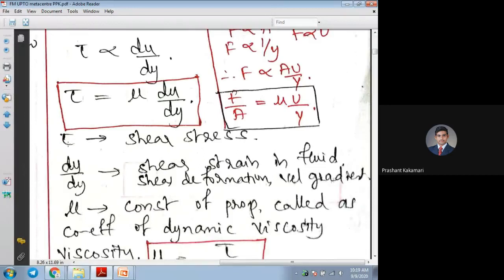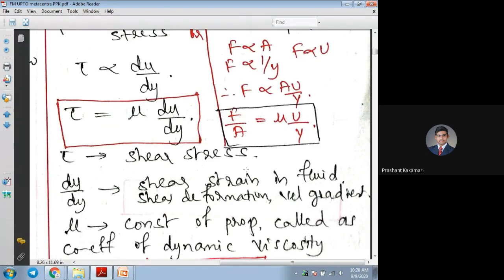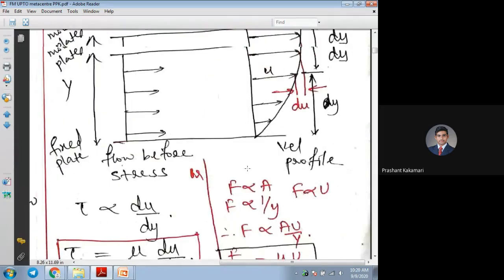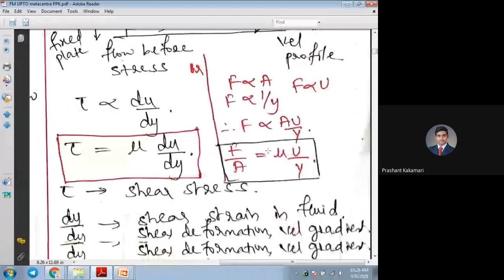The shear stress is denoted by tau. Then du by dy is what we call the shear strain in the fluid, also called the velocity gradient. The velocity gradient is the change in velocity with respect to distance, or per unit distance.